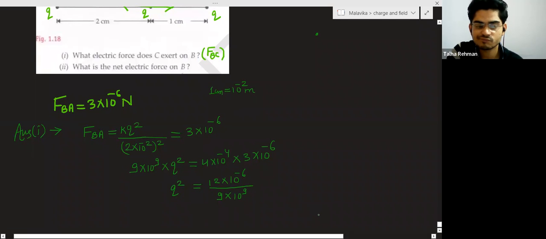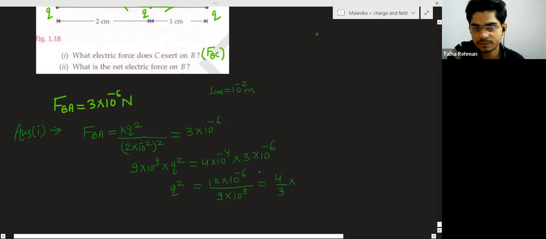So from here, I can cancel this with 3. So this will be 3 4s are 12 and 3 3s are 9 into 10 to the power. The powers will add.